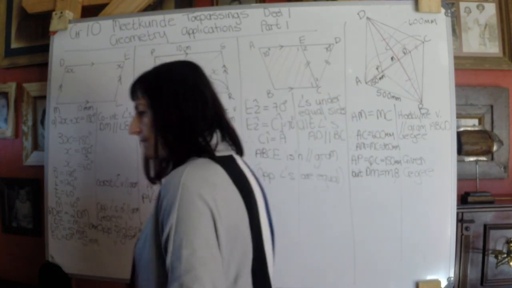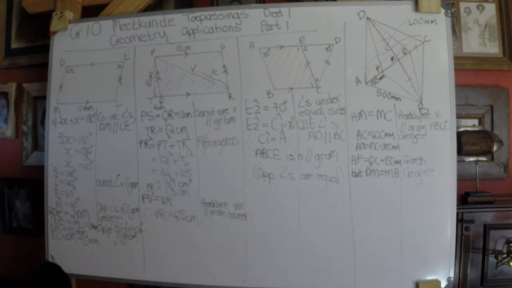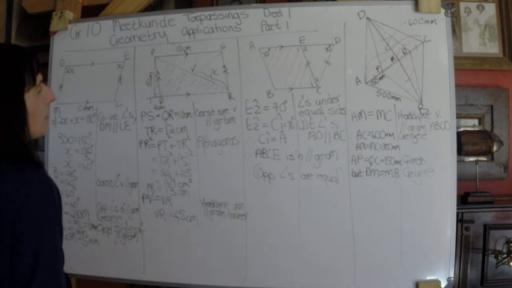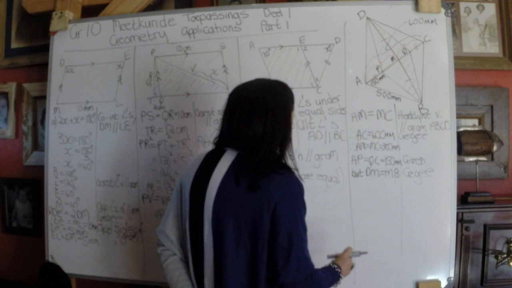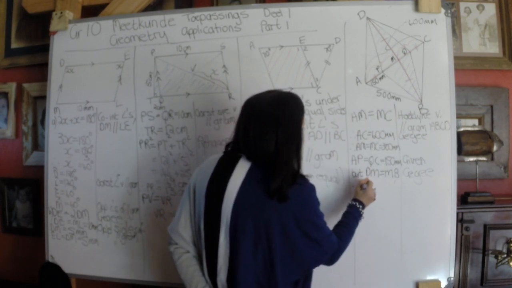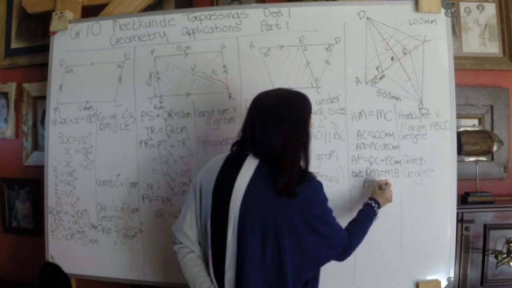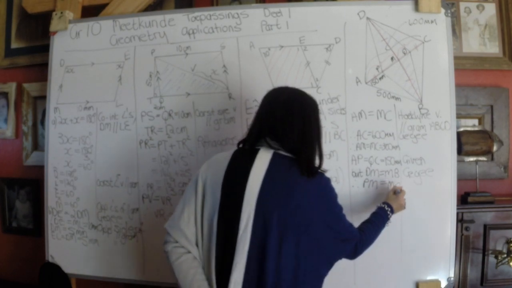Let's just go there first. BM equals MD, that's also given. Therefore, PM must equal MQ.